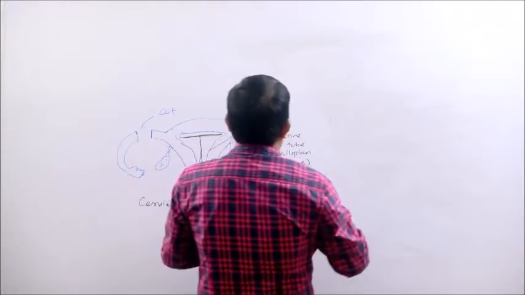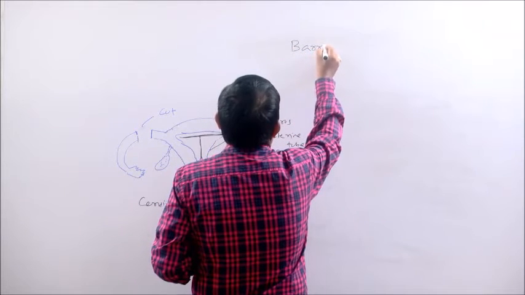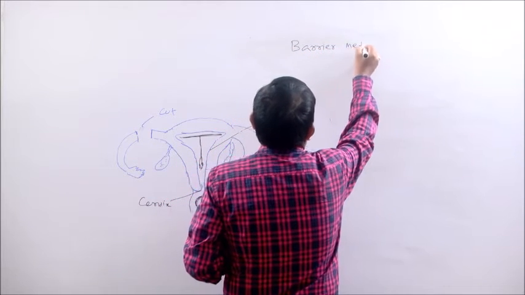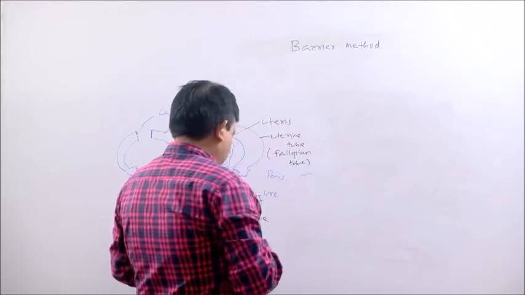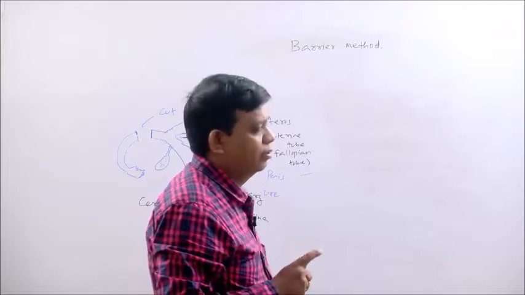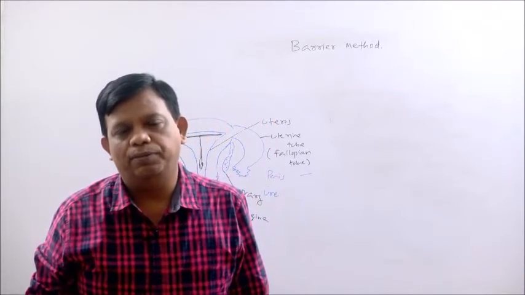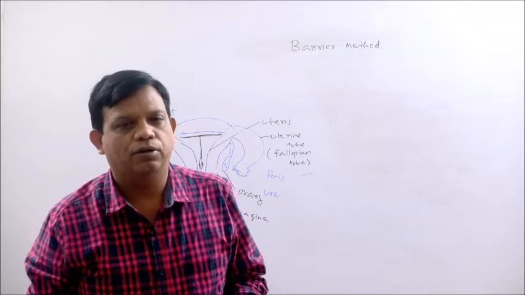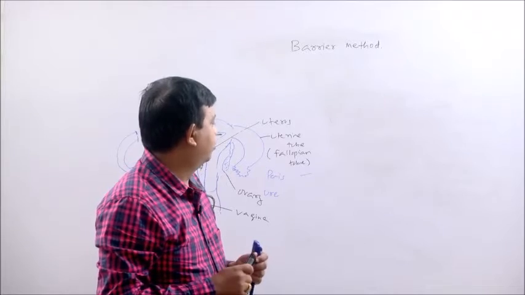Then we have a barrier method. A barrier method uses physical barrier to prevent a union of the sperm and the ovum.